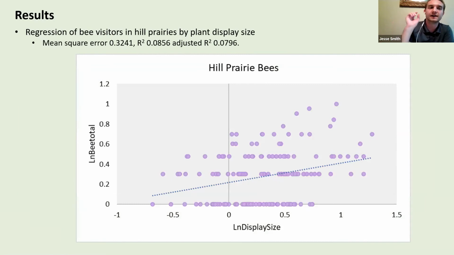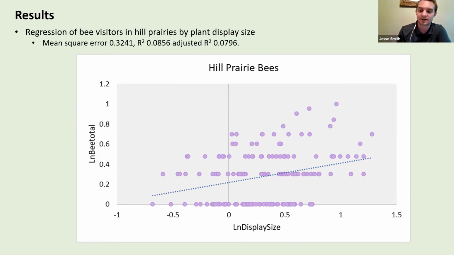This is a regression, a linear line going through the data, looking at the display size and the bee total. The display size is a value created from the total number of inflorescence in bloom and the average size of the portion blooming.